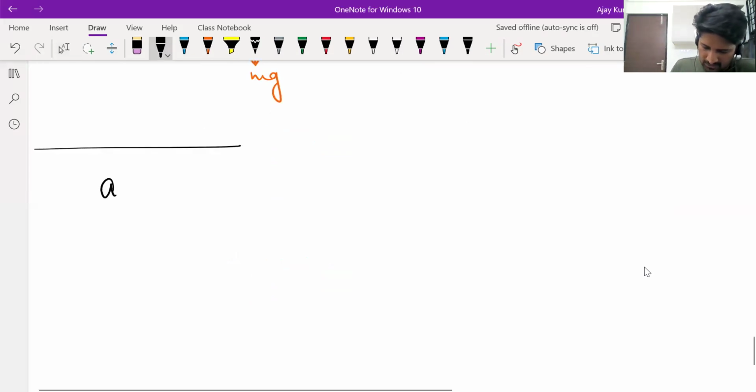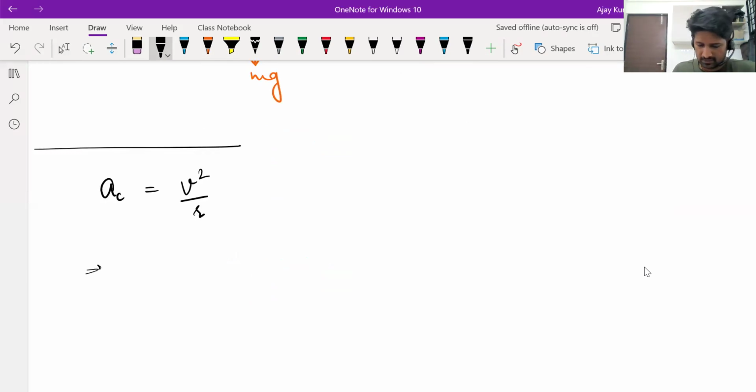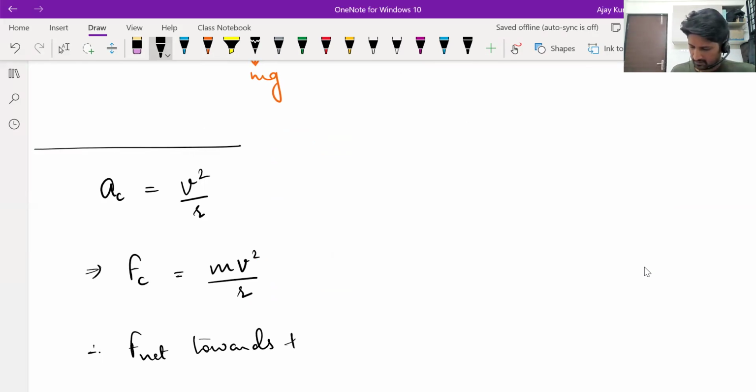And see, we know acceleration towards the center, centripetal acceleration, is v square by r. If centripetal acceleration is v square by r, it means centripetal force is mv square by r, because we know force is mass into acceleration. Therefore, the net force towards the center of the curved path should be equal to mv square by r.